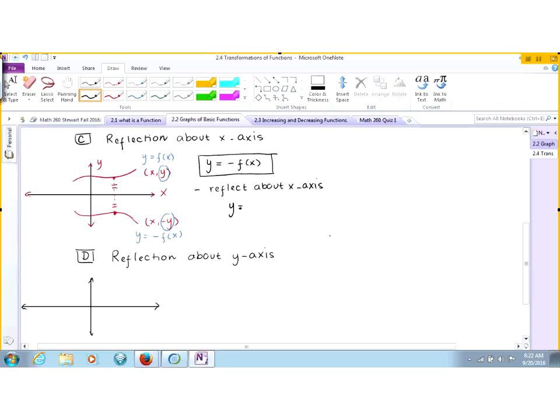Let me give you examples. What about graph y equals negative square root of x? What does the graph look like? This is the graph of y equals square root of x, and then reflected about the x-axis. Okay. So maybe we should graph it.